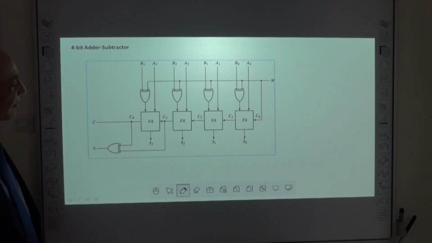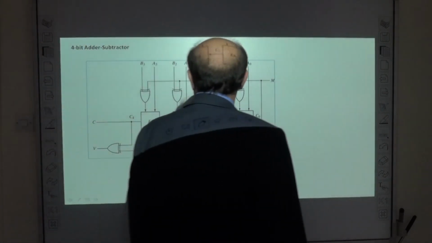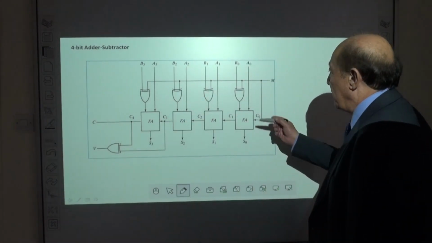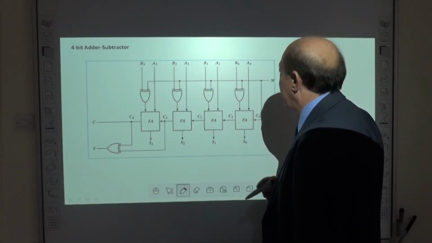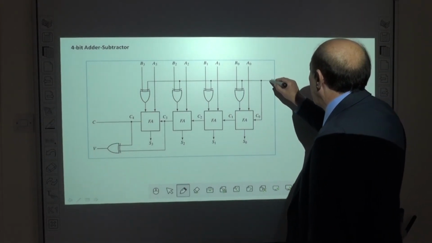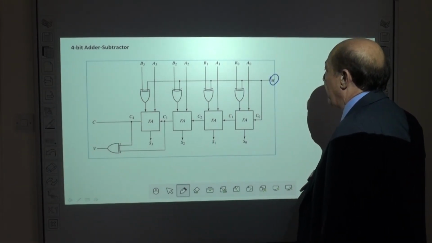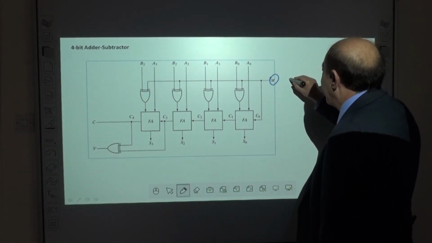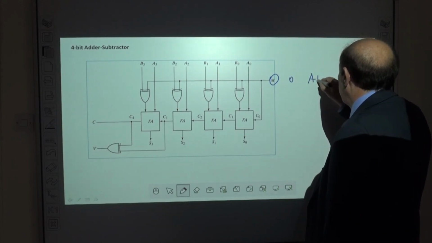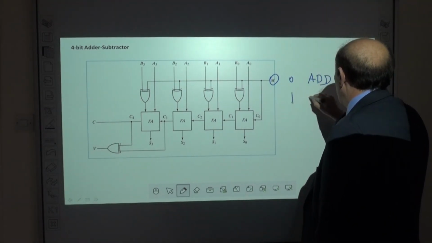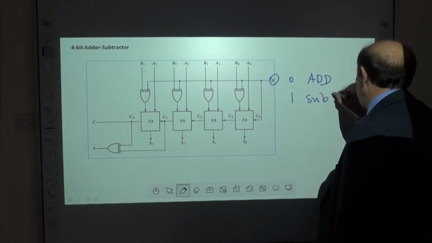and this is a good circuit really for subtract. Here the circuit can add or subtract depending on the control M. If M is 0, add. If M is 1, subtract.